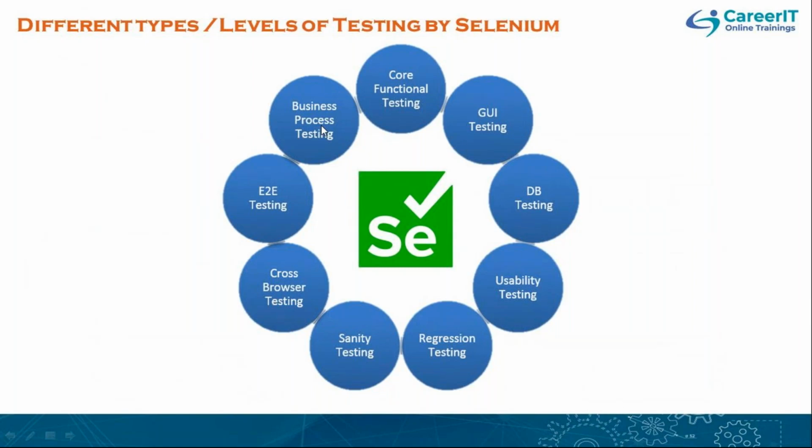So these are the different types of testing that can be performed using Selenium, guys. As I mentioned, core functional testing is the main feature of Selenium. We will be using Selenium mostly for functional test automation, and we can do database testing and the others too, but more focus would be on functional testing.